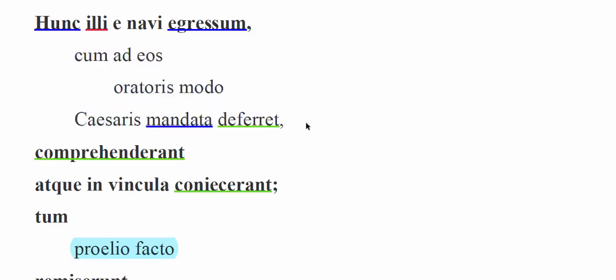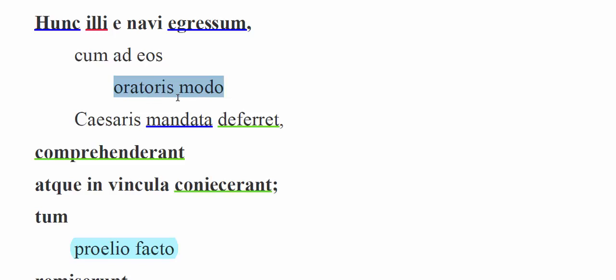Quick little cum clause in the way. Why was Commius coming to Britain? Why had he gotten off of the ship? Because, or when, but I like because, to the Britons, this is something like in the style of an orator.